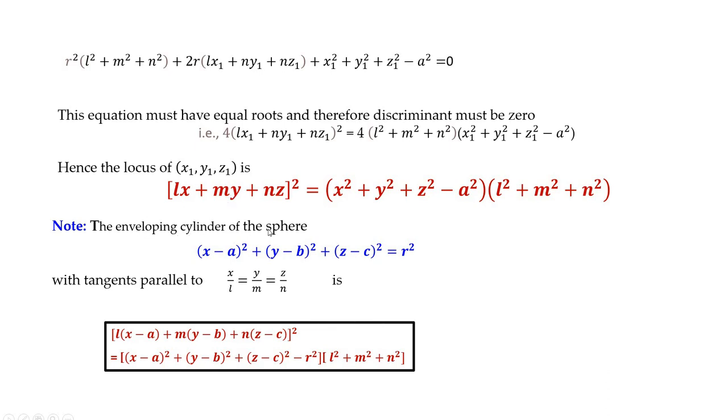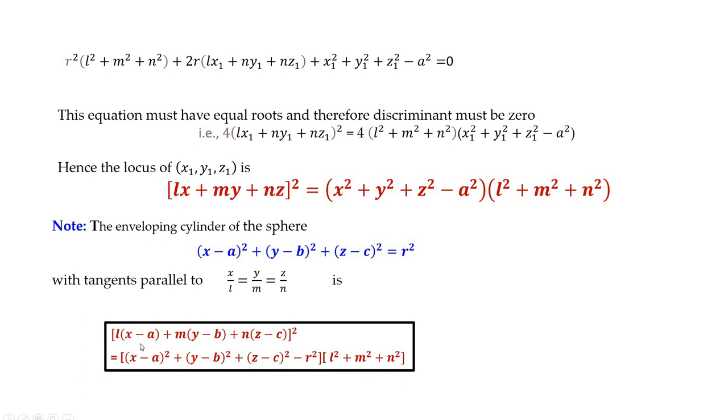Now the enveloping cylinder of the sphere, in this and the previous one, we had the enveloping cylinder of the sphere with this x minus a the whole square was not there, just x square plus y square plus z square, only that was there. But here we are having these terms also with tangents parallel to this. So in this case the procedure is the same, but the equation differs here.